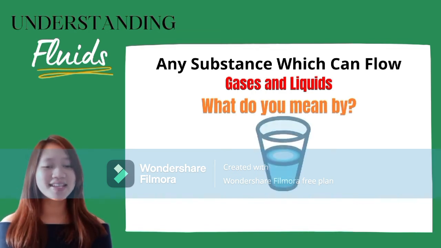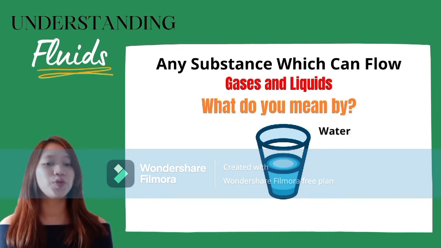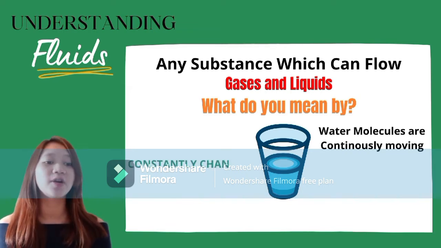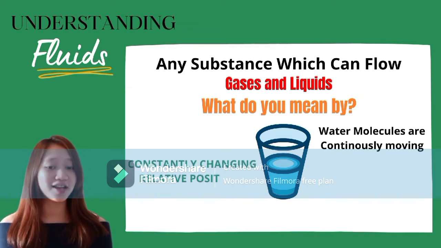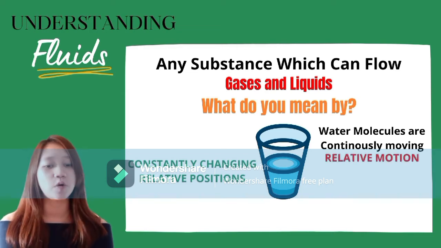Well, let's consider water as an example. We know that water molecules are continuously moving and constantly changing their relative positions. Thus, we can say that all the molecules of water are in relative motion.